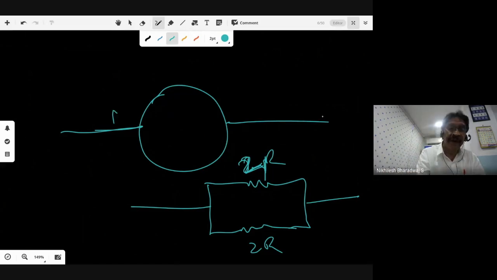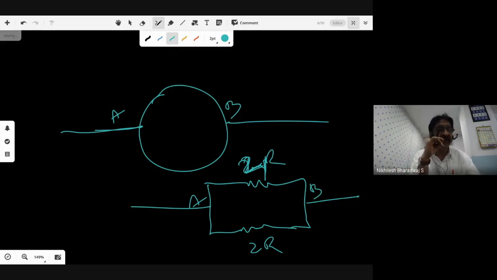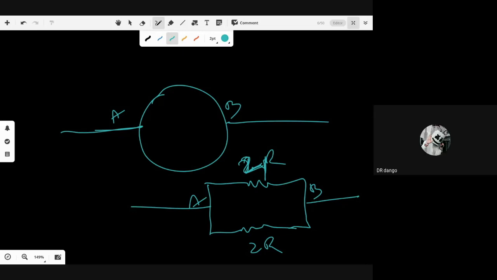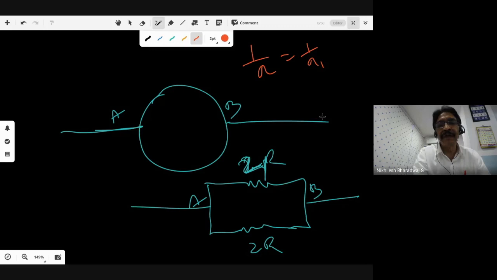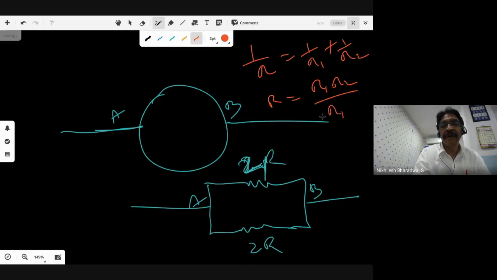They are in parallel. And you know pretty well the formula for the effective resistance when the resistances are in parallel: 1 by R equals 1 by R1 plus 1 by R2. The same thing you can write as R equals R1 R2 by R1 plus R2.